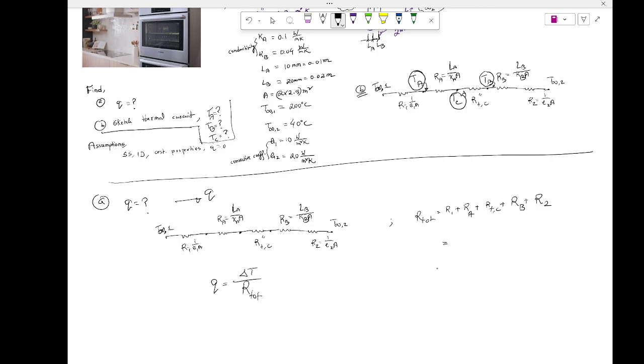Maybe you'd like to write them in terms of 1 over hA. I think some of you already finished and want to see the value. It is 0.21 Kelvin per watt. Is that the value you found?